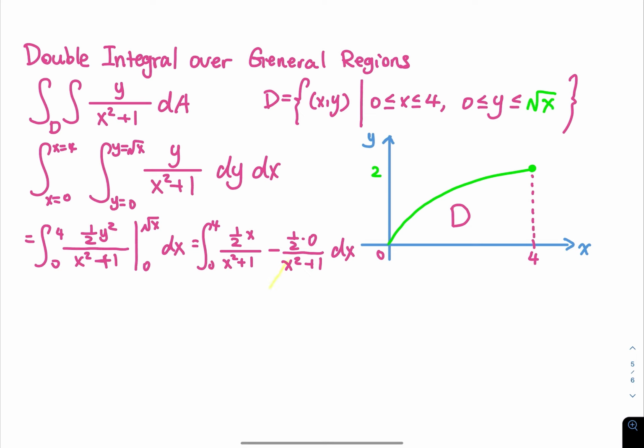The 0 just makes the whole thing become 0. And then the next step, I will pull the 1/2 out. We have integral 0 to 4, x divided by x squared plus 1.